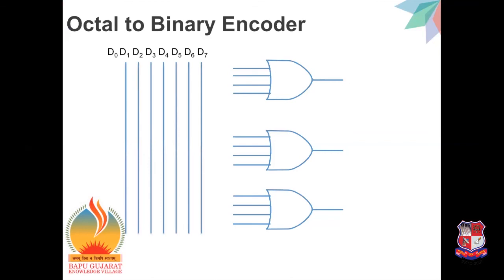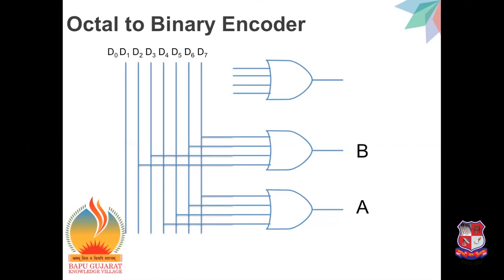For A, the logic expression is D4 or D5 or D6 or D7, so we connect all 4 inputs, which gives the output A. For B, it's D2 or D3 or D6 or D7, so we connect all 4 inputs, which gives the output B.